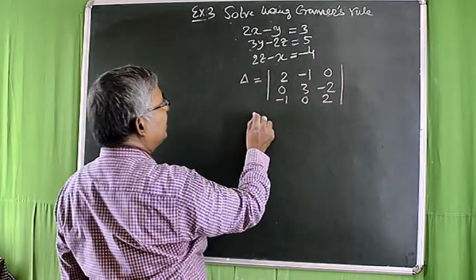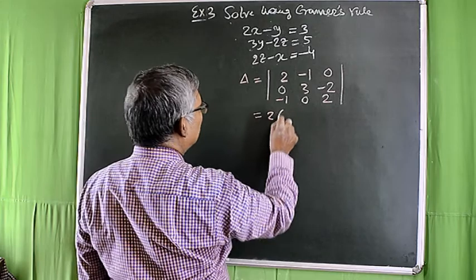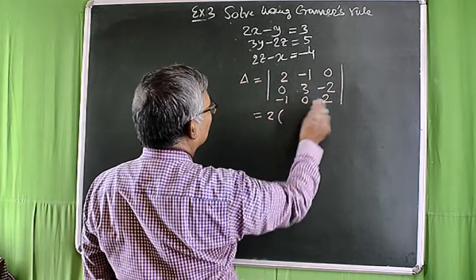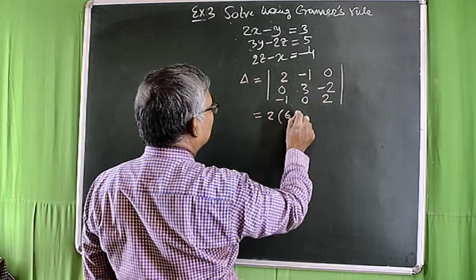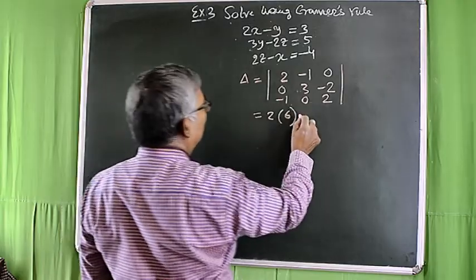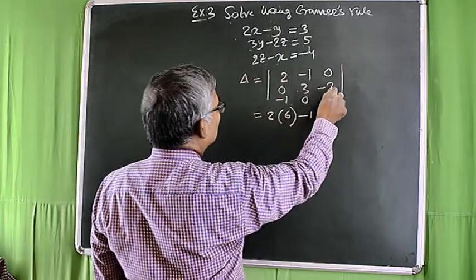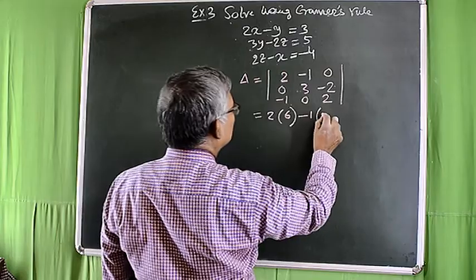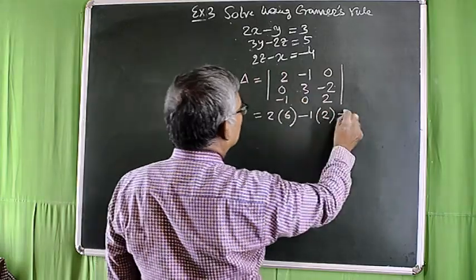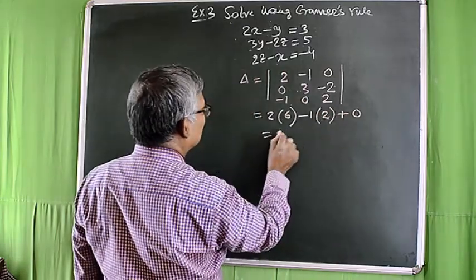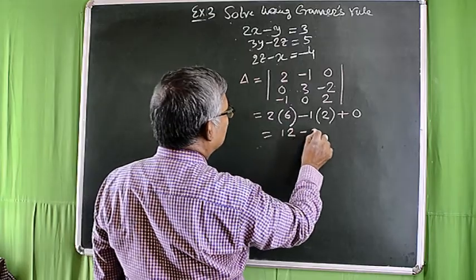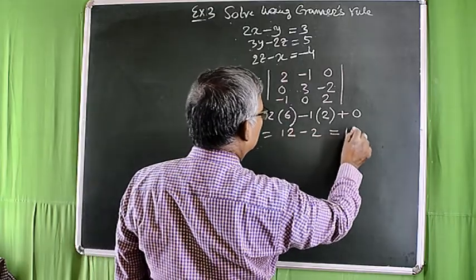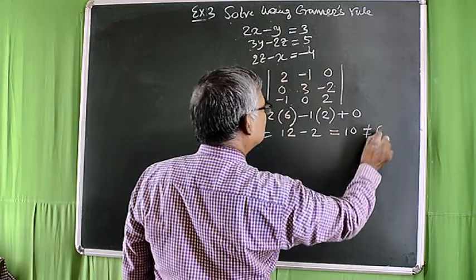So we can write 2 into 3, that is 6, minus 0, minus 1 into minus 2 into minus 2, that is 2, plus 0 equal to 12 minus 2 equal to 10, that is not equal to 0.